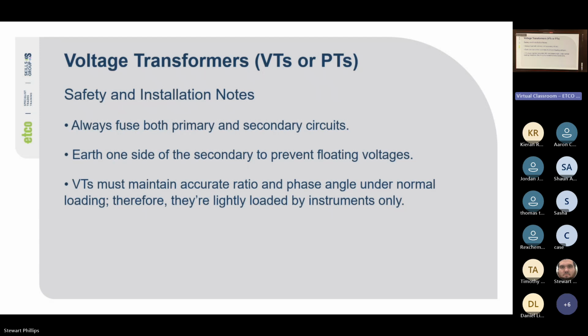So why do we fuse both sides of a voltage transformer? Why do we fuse both the primary and the secondary?